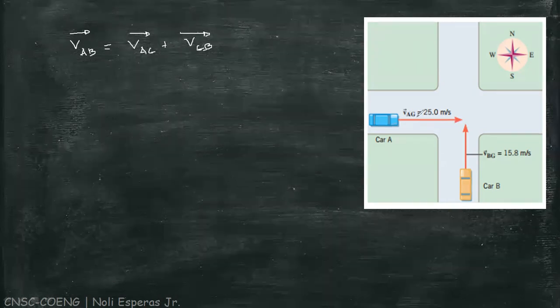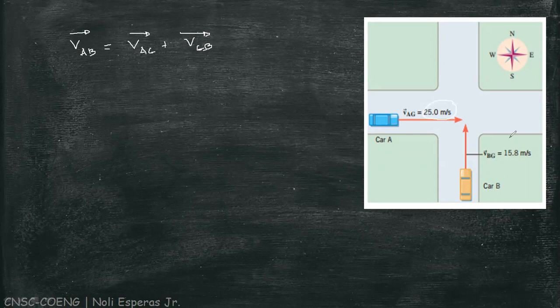We have the value for V_AG, which is 25 meters per second. And for V_BG, V_GB is the opposite of this one, 15.8. Therefore, it is equal to V_AG plus negative V_BG.